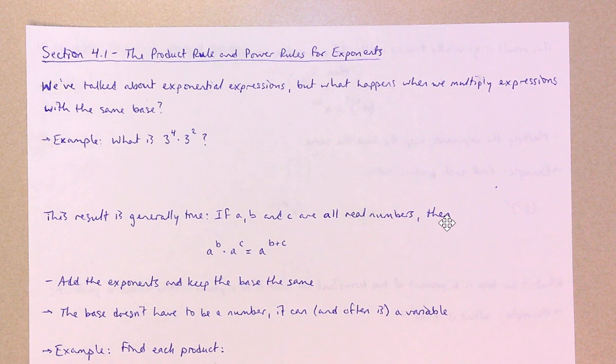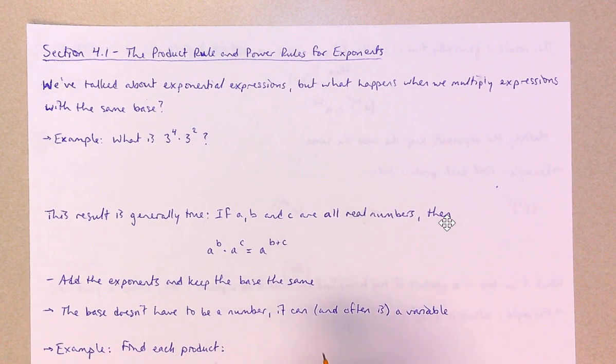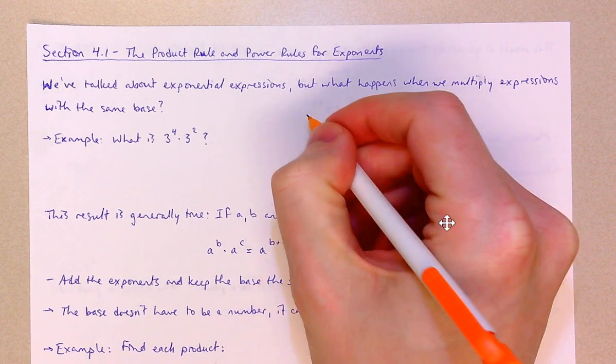So we've talked about exponential expressions before. Basically, we've said what they were, but now let's do some operations with these things. Specifically, what happens if we try to multiply exponential expressions where the bases are the same? So we know that every exponential expression has two pieces to it.